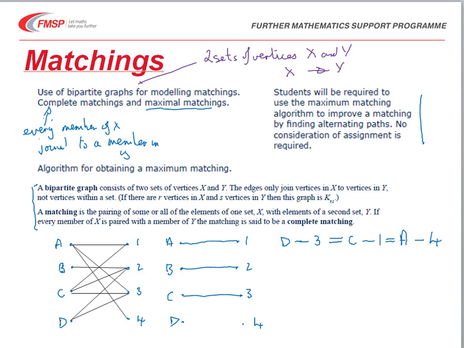So there we have an alternating path starting at D and finishing at 4.